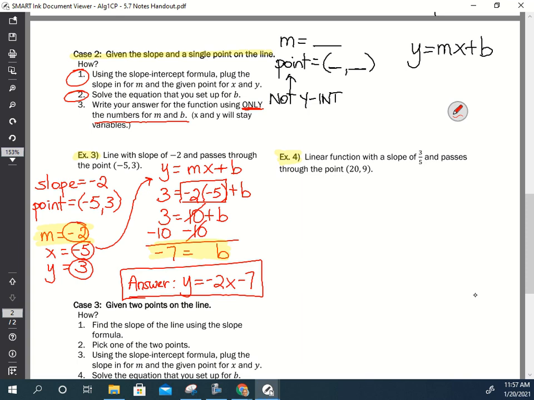So if it's asking you to write the equation, you must know the slope and you must know the y-intercept. You can't write the equation without those two parts. If one of those is missing, you have to get it before you can write the equation.